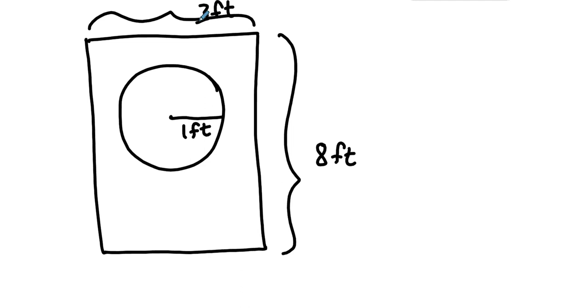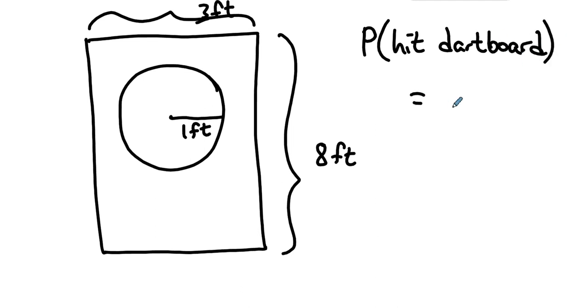We're going to throw a dart. What's the probability that it hits the dartboard? So we want the probability that we hit the dartboard. And that's going to be a fraction. Well, how are we going to figure out that fraction?